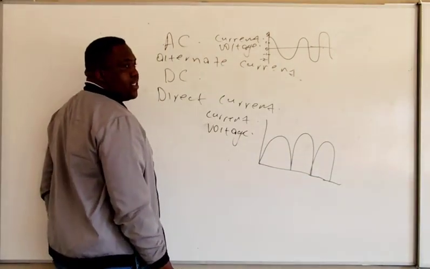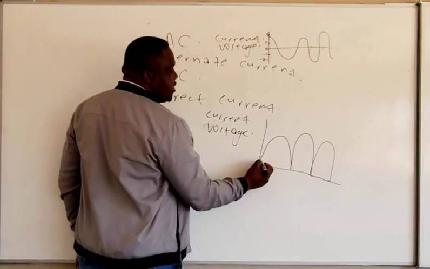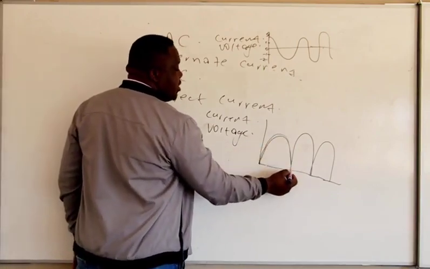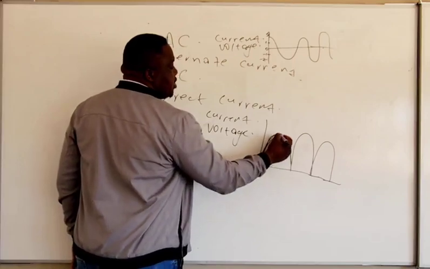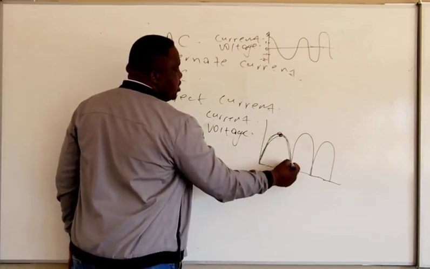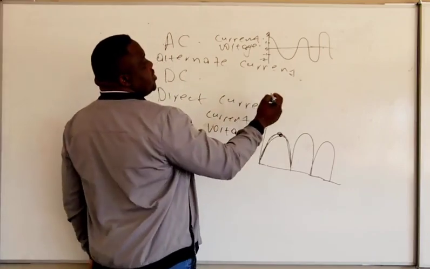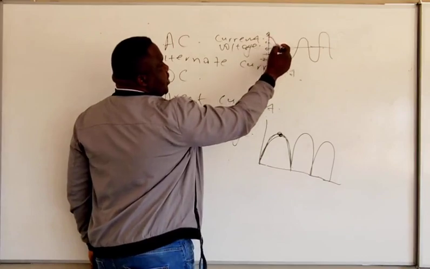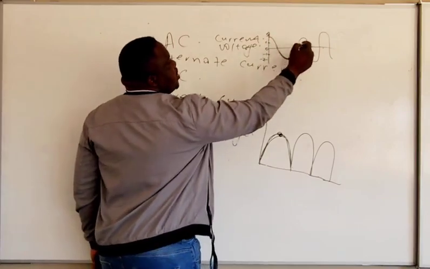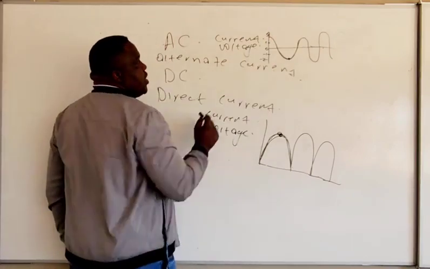And you may be asking yourself, why is there an increase and a decrease? You can see that here it is increasing, and it reached its maximum point, it decreased. The same situation here. Here there's a decrease, then it reached this point, then it starts to increase. And it becomes 0.